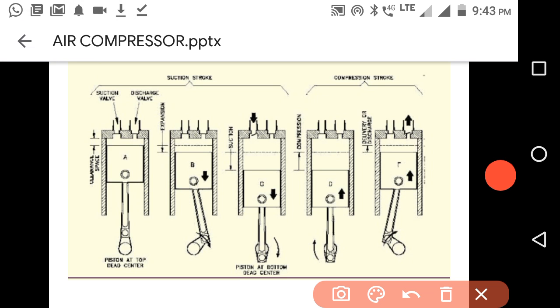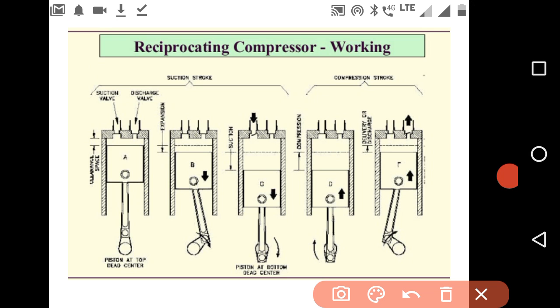So now see, just as we have discussed, this is the top dead center, and the volume in between the cylinder head and the top dead center is the clearance volume.